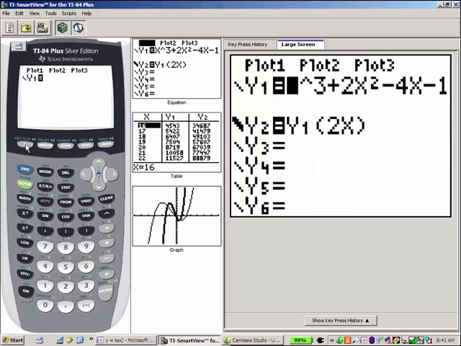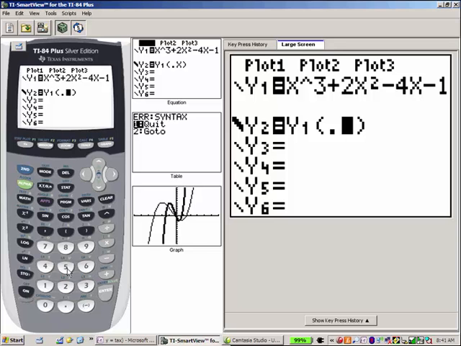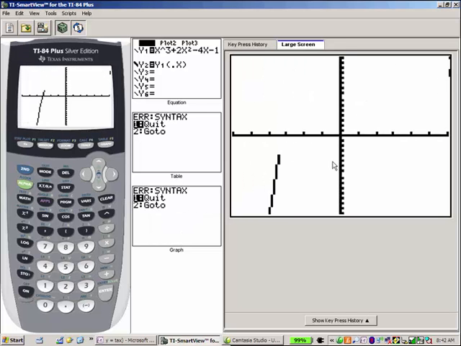And then maybe if we actually went back and did something like 0.5x. So there's the original function, and here comes, check that out.